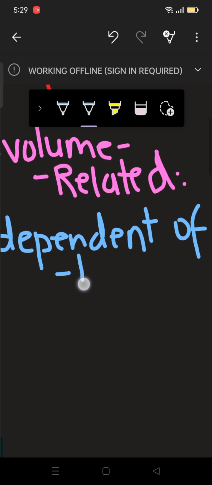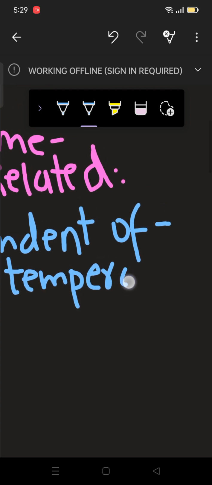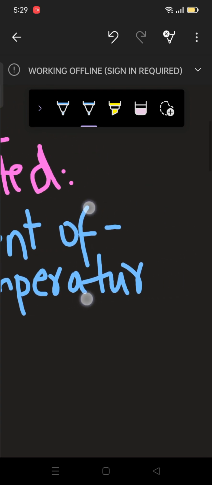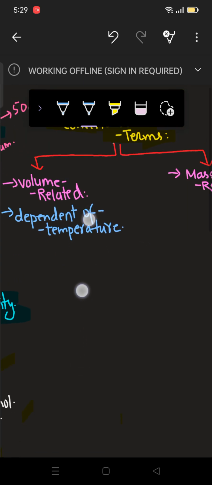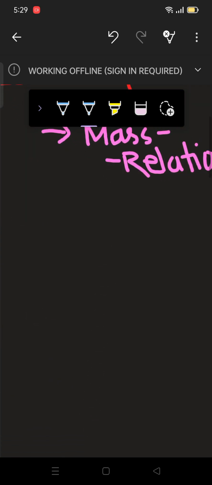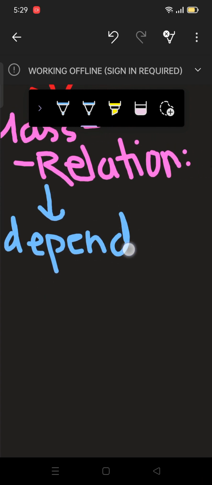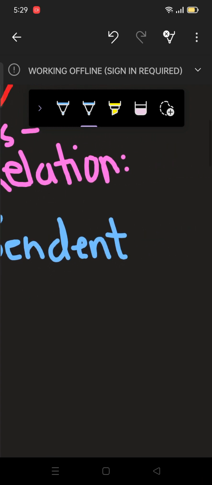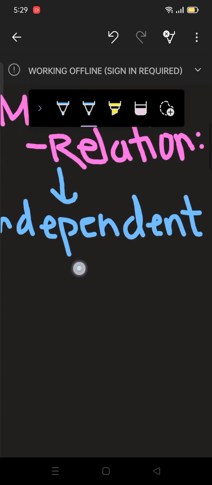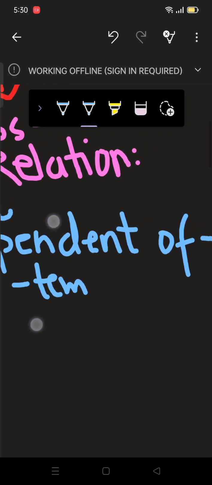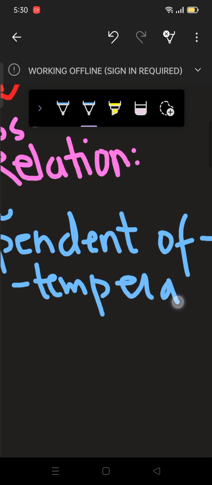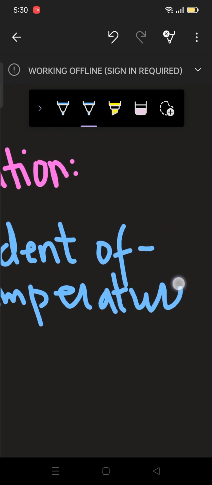Dependent on temperature. And the mass related are independent of temperature. Independent of temperature.